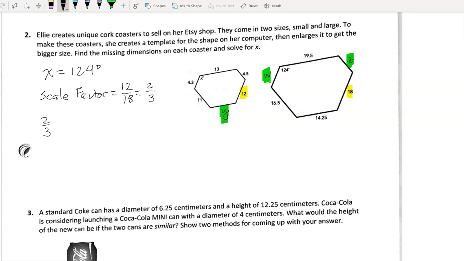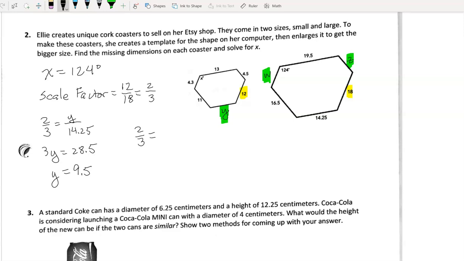Let's start with y, so that's going to be y over 14.25. Let's cross multiply. So 3y is equal to 28.5. We'll divide both sides by 3. So y is equal to 9.5. Then let's go on to w. Again, we're going to use the same scale factor, 2 to 3.